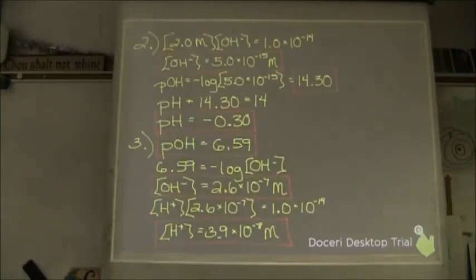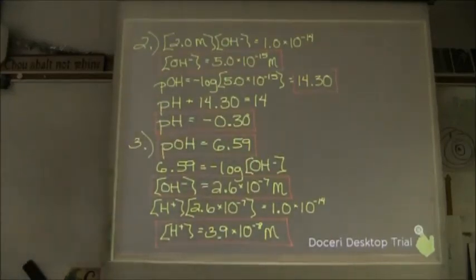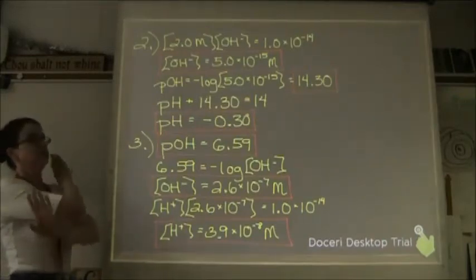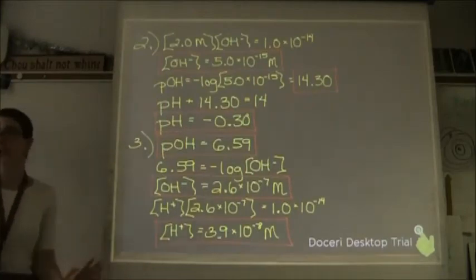I tried to put boxes around it so you could see it clearly. And yes, there is such a thing as a negative pH. You should interpret negative pH to mean crazy acidic, like eat your face off acidic.